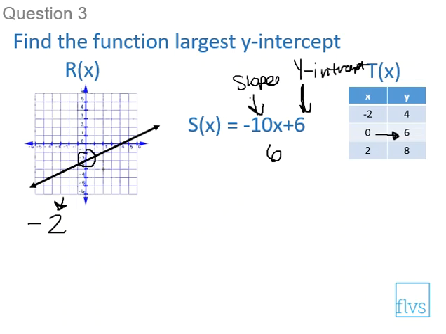But what we should do is practice writing it in slope-intercept form so that we can find the equation of that line. So I'm going to find the slope first: m equals 6 minus 4 over 0 minus negative 2, which would be 2 over 2, which would be 1.